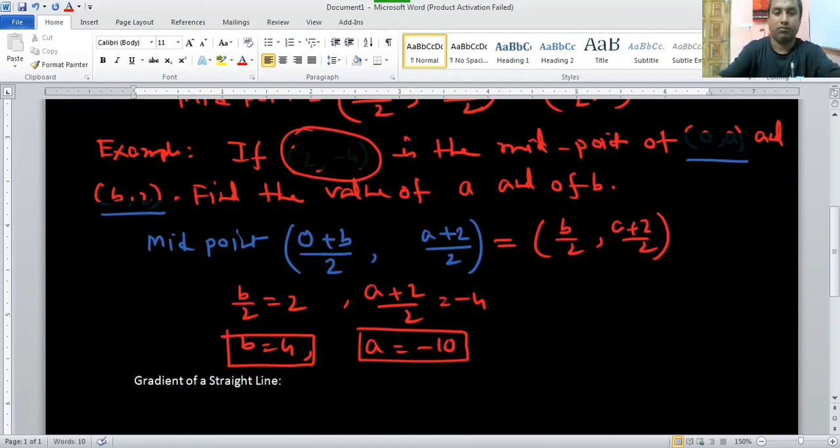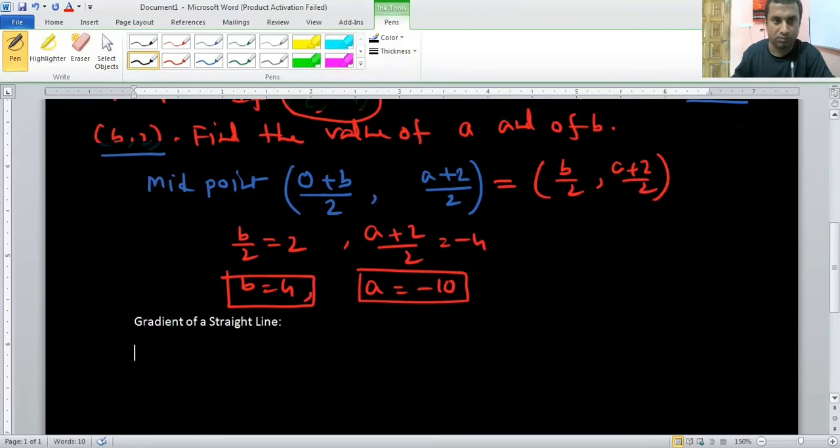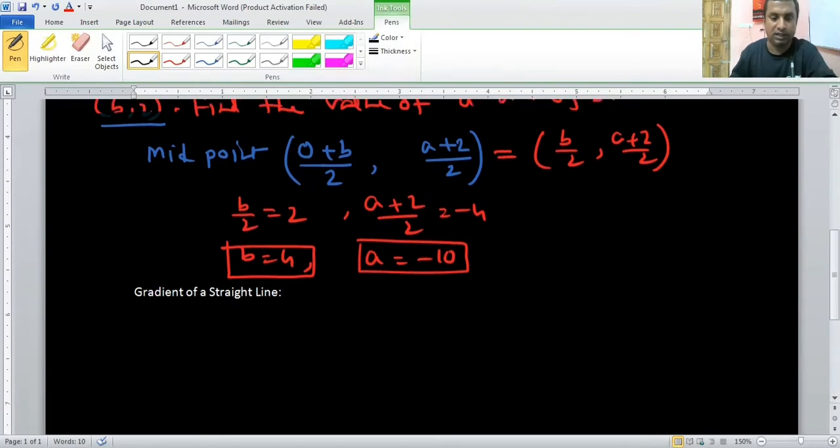Okay. First of all, let us know the general formula for the gradient. So let me use the general formula. Gradient is normally denoted by m. m equals y2 minus y1 divided by x2 minus x1.